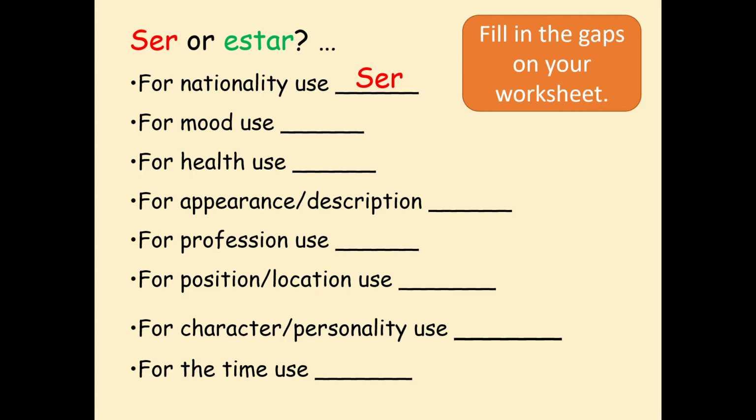We are from a country or a place. Mood, we're going to be using estar because you are temporarily happy or sad or upset. If you are permanently sad or upset or happy, you are saying you are permanently a happy person. There's no way you can be negative.